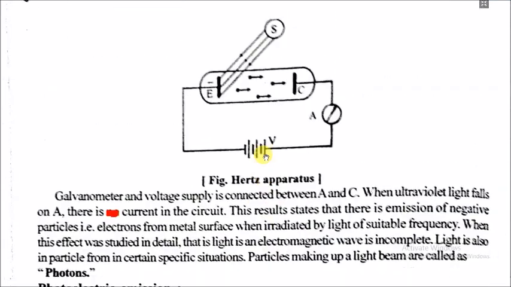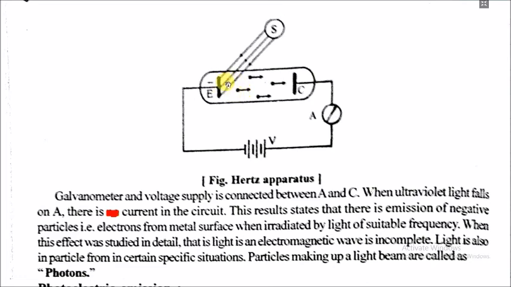Instantaneous means there is no time gap between incidence of light and ejection of electron. As soon as light is incident on the metal surface, at the same instant the electron will be ejected.